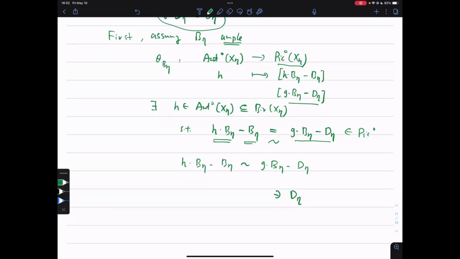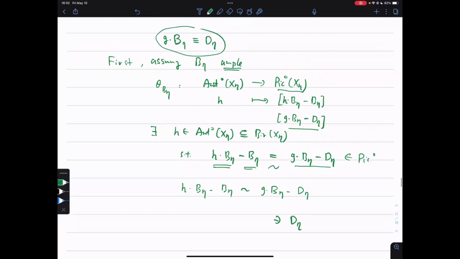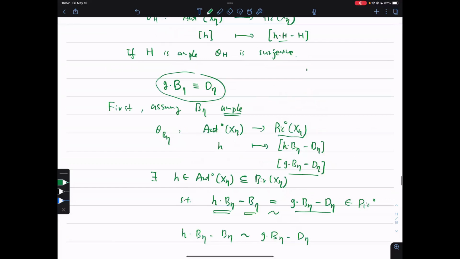I want to cheat a little to make it easier to understand. Because we want to prove that some cone under the action contains D_eta, it suffices to consider that it contains G inverse D_eta.